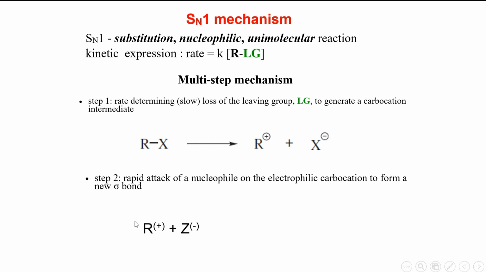Immediately, it reacts with Z minus, that is the nucleophile, and it gives rise to RZ. The X minus in RX is replaced by Z minus to give RZ. And this is a rapid reaction and it occurs within no time, immediately, as soon as the carbocation is formed. That's why these carbocation intermediates are non-isolable.